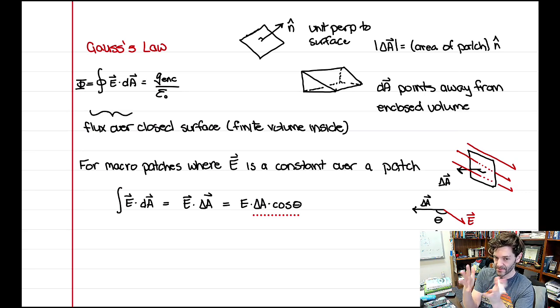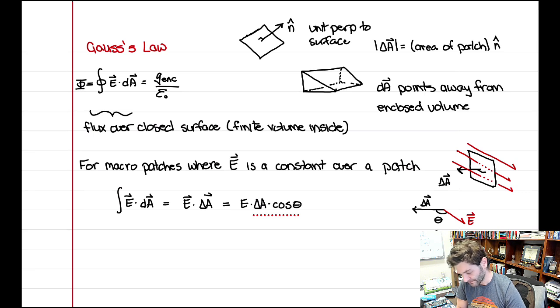This area vector has a magnitude equal to the area of that patch, which might be a big patch, or it might be a calculus infinitesimal patch, in which case the area is just a little dA. And it points perpendicular to the surface, and lowercase n is a common reserved letter that we use for vectors that are normal to the surface. Remember, normal is just a fancy word for perpendicular.